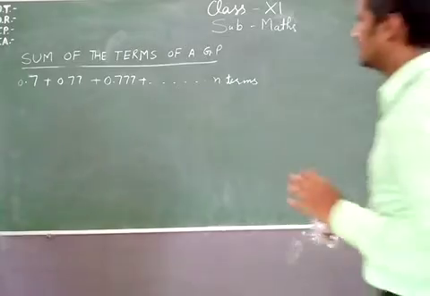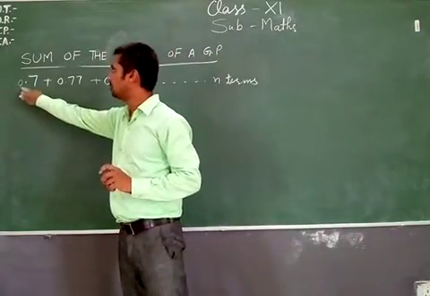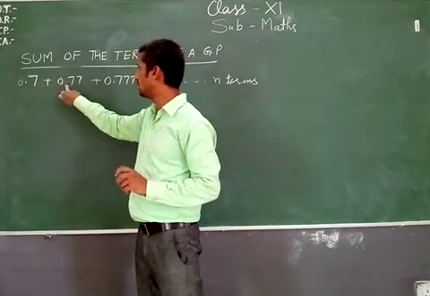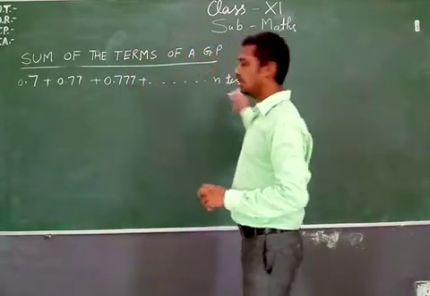Now we will find the sum of the GP in the form of 0.7 plus 0.77 plus 0.777 up to n terms.